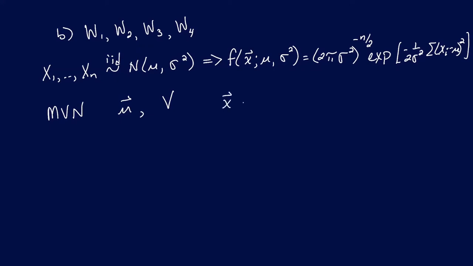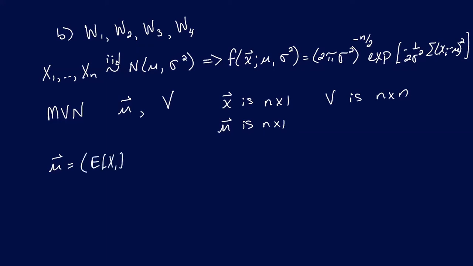So x here is going to be n by 1, and mu is going to be n by 1, and V is going to be n by n. So mu, just for the purpose of space, I'm going to write as a row vector transpose, but this is the mean for all of these random variables individually.